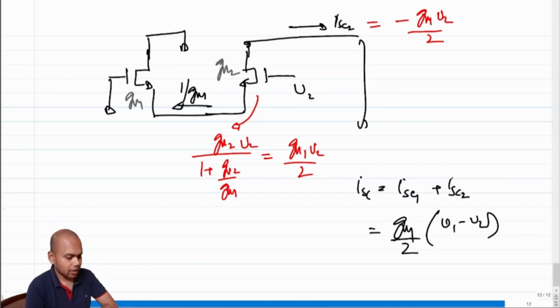Also note that while analyzing these circuits, we have used a lot of our past knowledge. We have used the formulae that we have used before. What did we do?